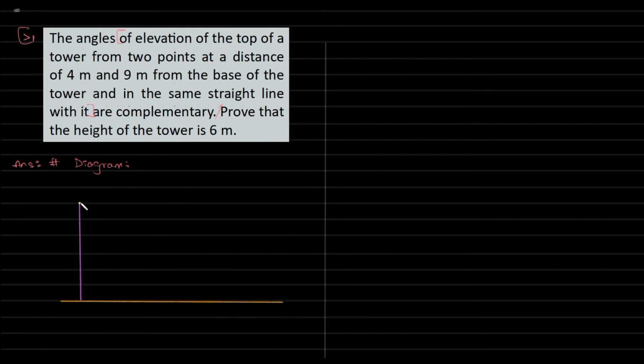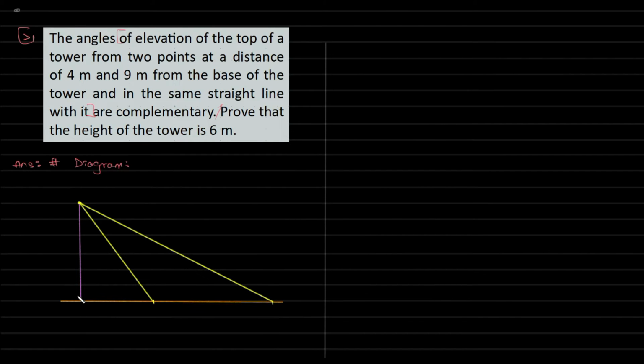So we are looking at the top of the tower from 2 points at a distance of 4 and 9 meters from the base of the tower. So we are watching from two different points, right? So basically your angle of elevation is from this point and this point.